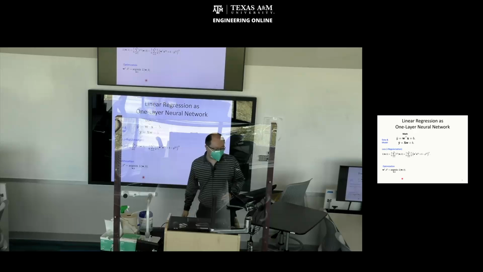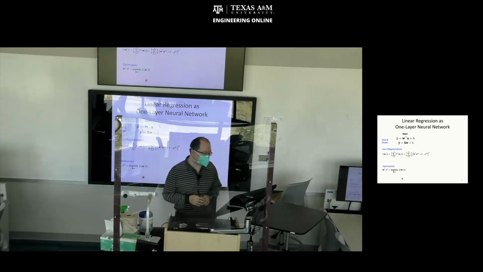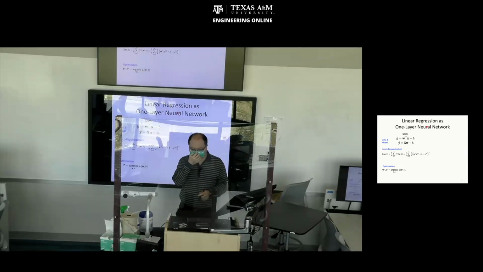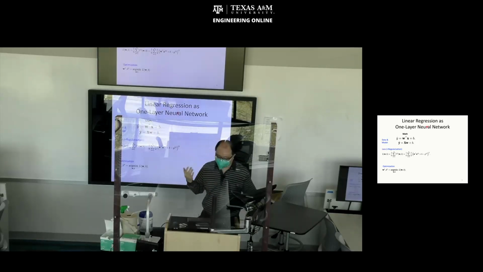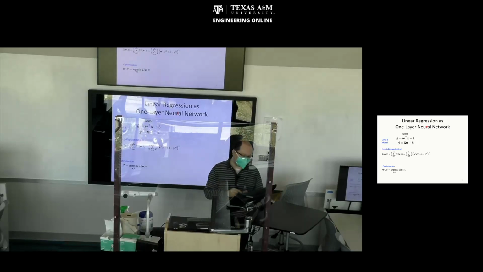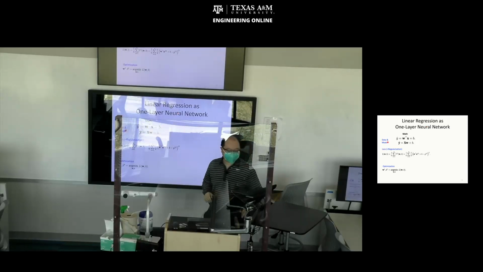So again, when we talk about the first example, linear regression, okay? I want you to think about it as an optimization problem. So what are the important elements? First, there's data and there's a model, right? The data are the paired x and y, input and output.